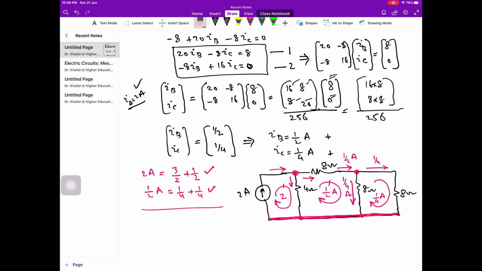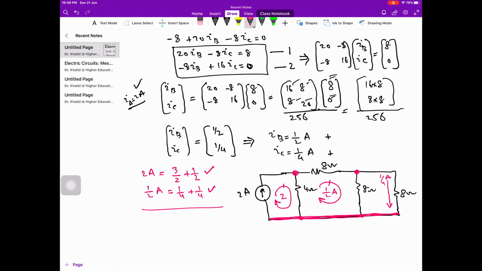We can also see the voltages across each circuit element over here. Now, the current flowing downward is IC, and IC is 1 by 4 ampere.